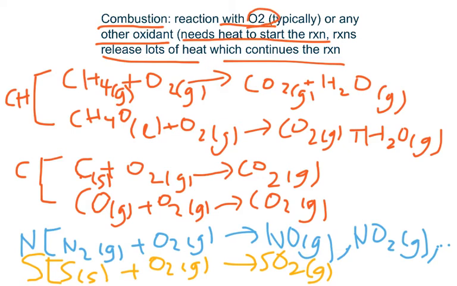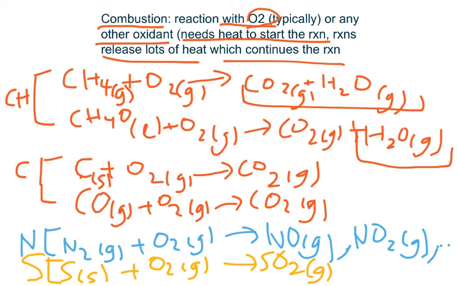So let's look at some examples. If you have a compound with carbon and hydrogen at the bare minimum, then you will produce carbon dioxide and water in their gaseous forms, since under high temperatures, such as those in combustion reactions, the water will typically evaporate into water vapor, the gaseous form of water.